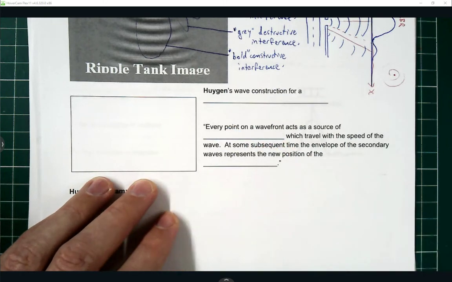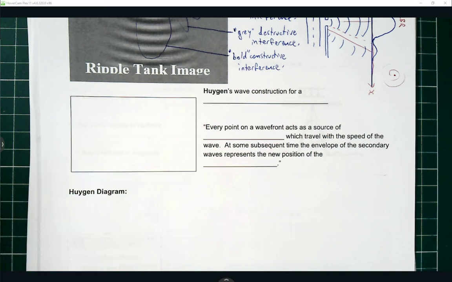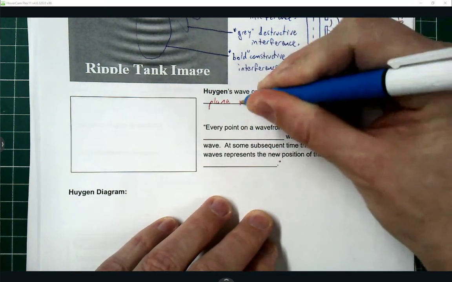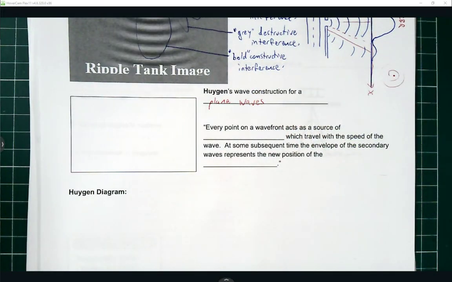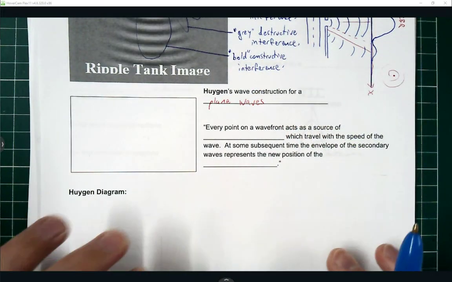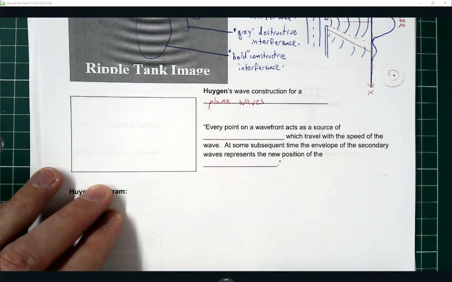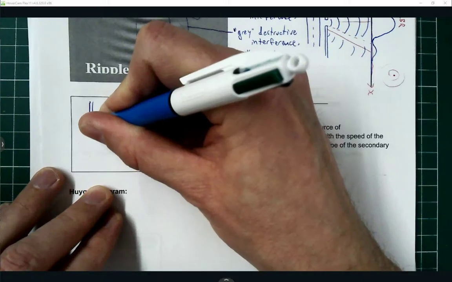So there's this old time idea called Huygens wave construction for plane waves. Now you can do your own historical reading on this one for Huygens and why he did what he did, but let's just say we have this diagram that's still useful for us today.